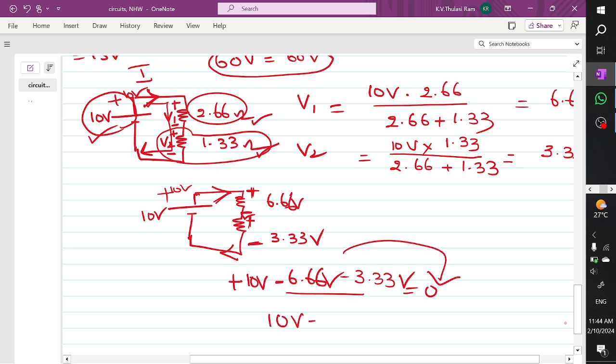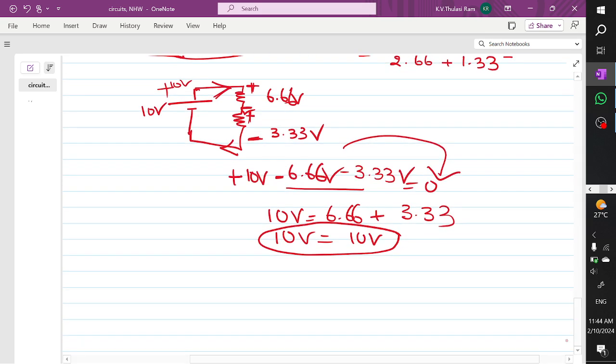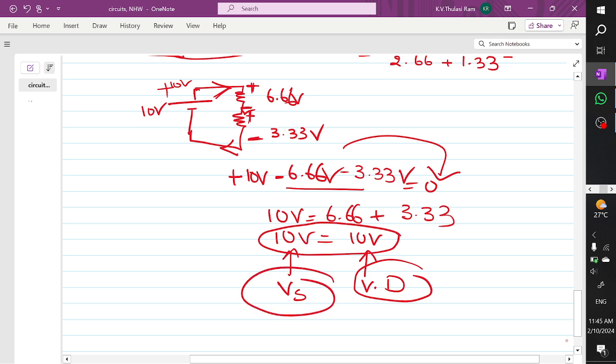Therefore 10 volts is equal to 6.66 plus 3.33 volts, where 10 volts is equal to 10 volts. You can see that our answer is verified, where this 10 volts is nothing but the voltage source, and this 10 volts is nothing but the voltage drops. So both voltage source and voltage drops are verified.